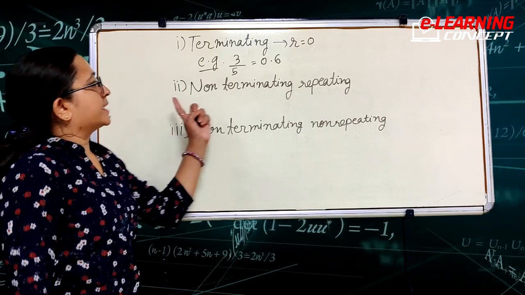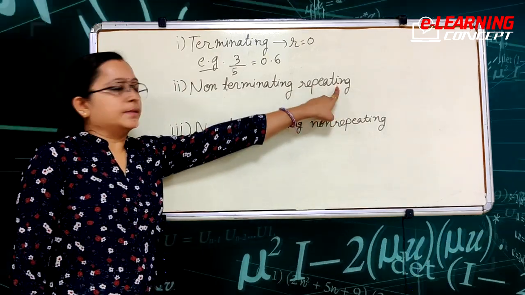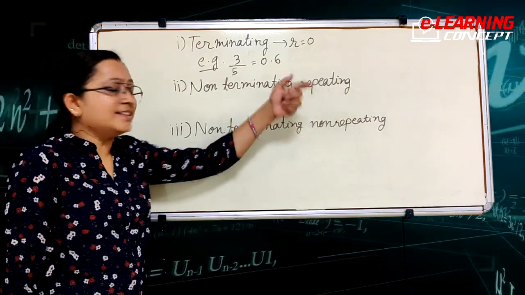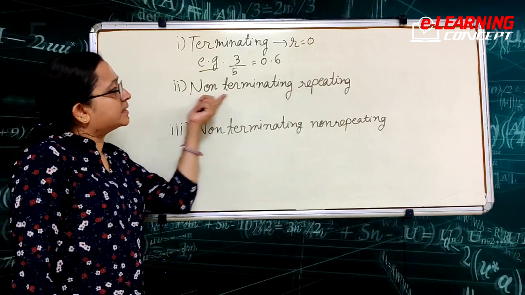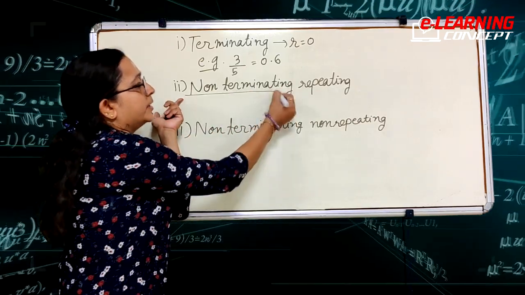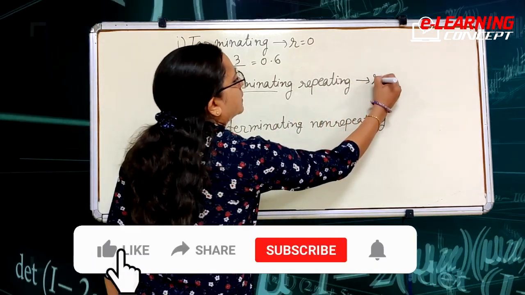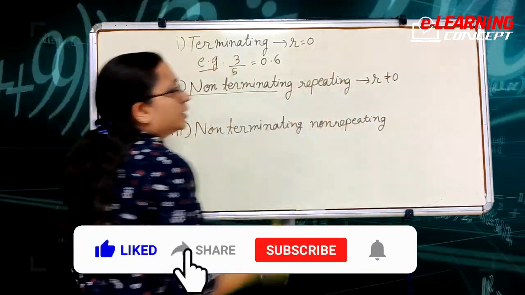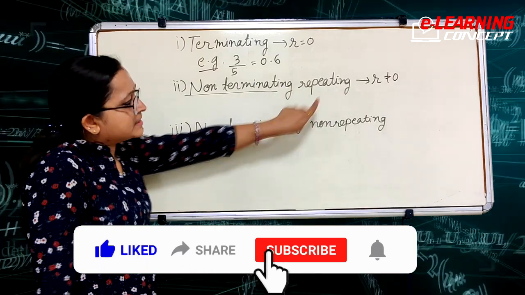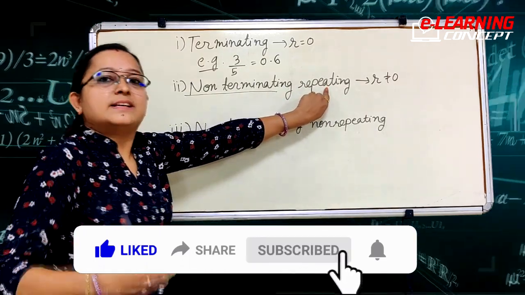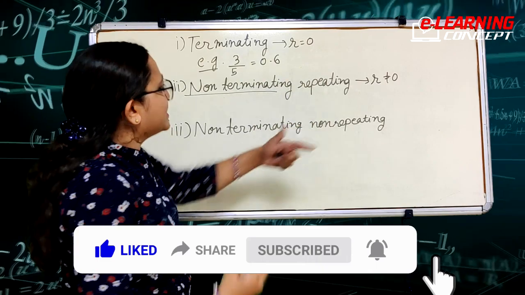Moving forward to the next, non-terminating repeating decimal expansion. In this kind of decimal expansion, as per the name, non-terminating means the remainder is not 0. Repeating means something is repeated here. So what is repetition?